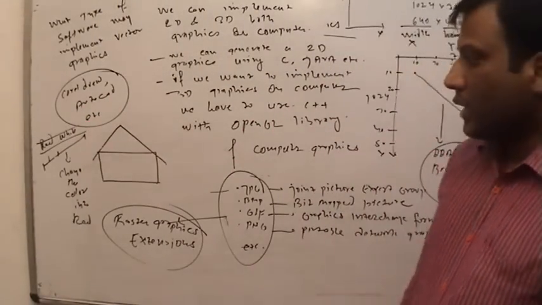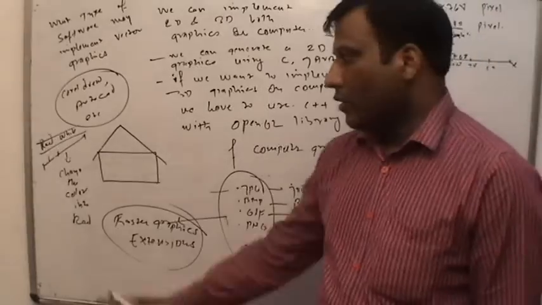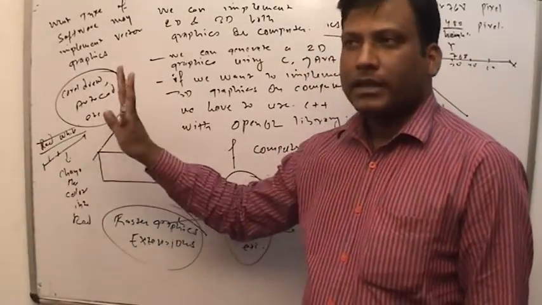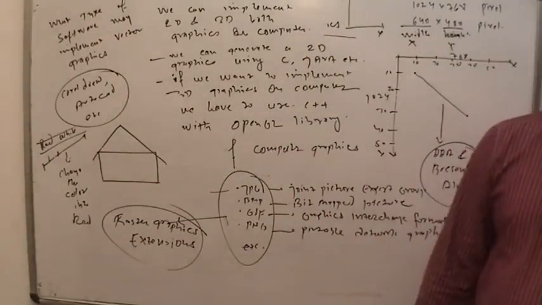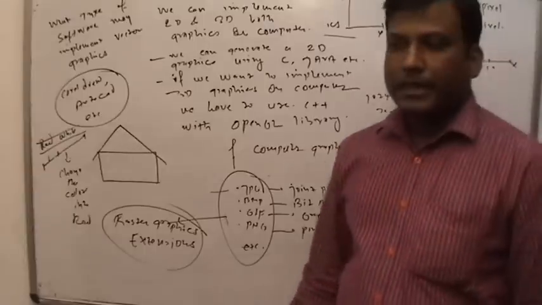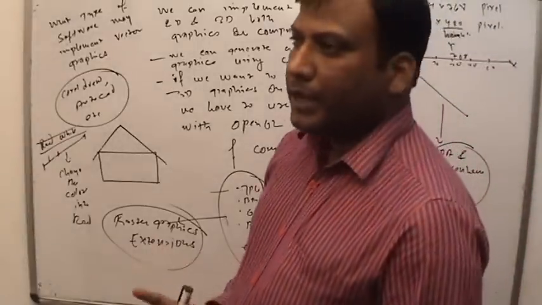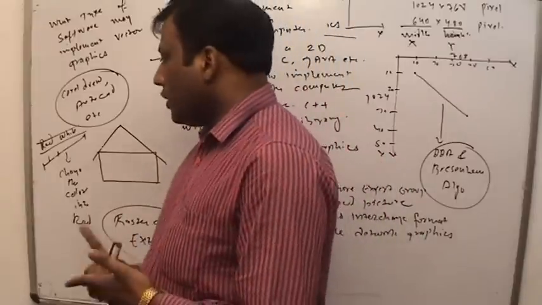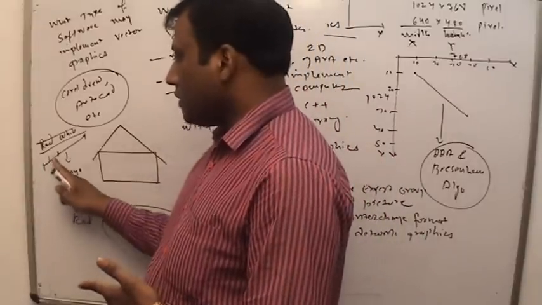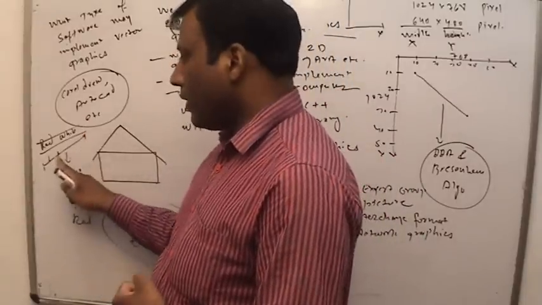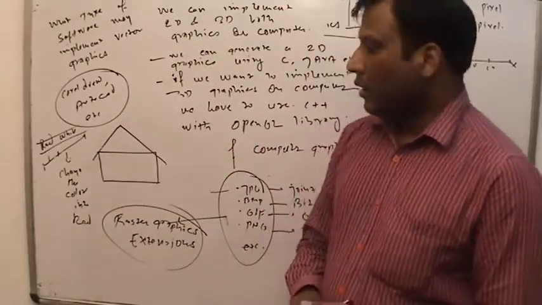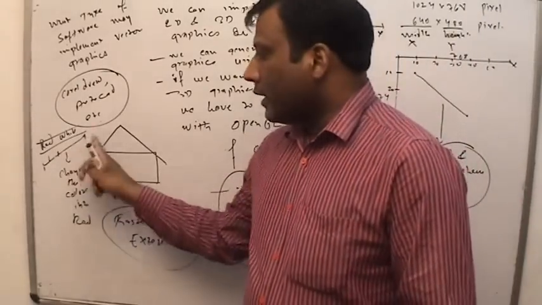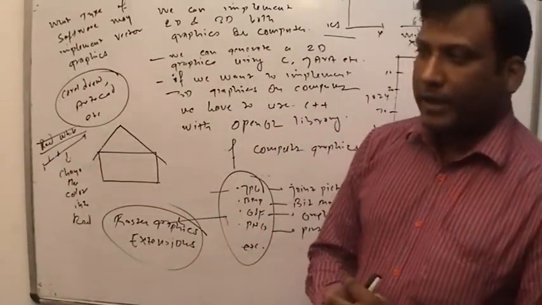But in raster graphics we can apply red from start to here, and white from here to the end, because raster graphics is made up of combinations of pixels, and we can change the pixel colors from here to here and from here to there.